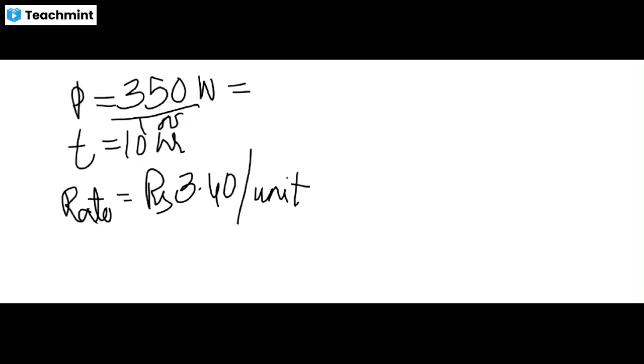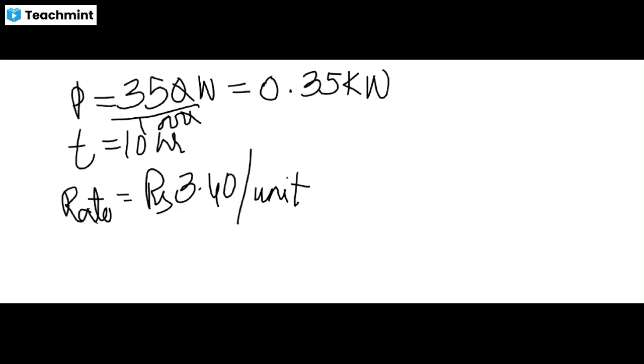Divide by 1000 when you are doing it, so you just calculate 0.35. 350 by 1000 we are doing to convert that in terms of kilowatt.